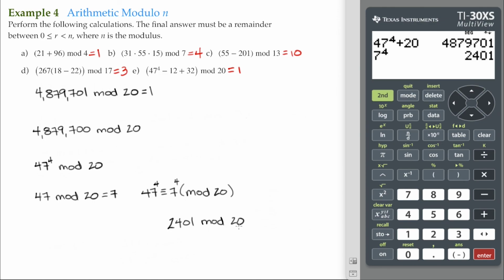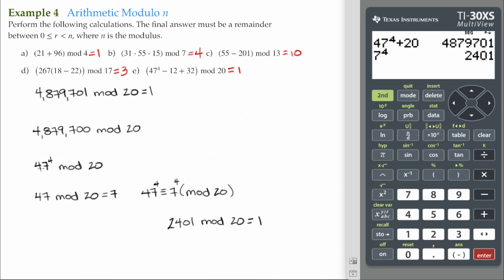Well, what do you know? If this was 2,400, then 20 would go into it evenly. There would be no remainder. But it's 2,401 mod 20, so it's going to have a remainder of 1. So 47 to the fourth power is congruent to 7 to the fourth power mod 20, and they're both going to have a remainder of 1.